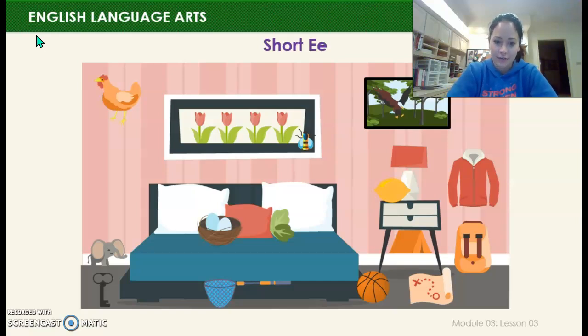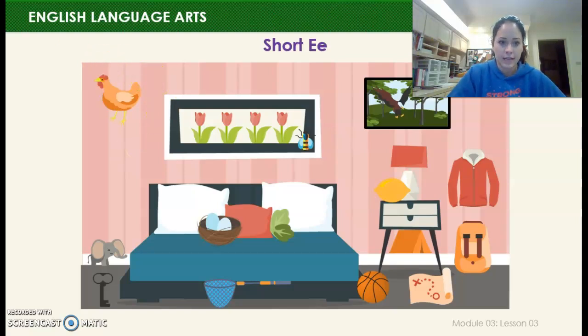Good, thank you. Okay, so let's look at some of these strange things all over in this bedroom. It's quite a mess. So let's circle anything that we think has a short E sound in it. Okay, so I'm going to get my little marker here. And, okay, I see a hen. Does that have eh?